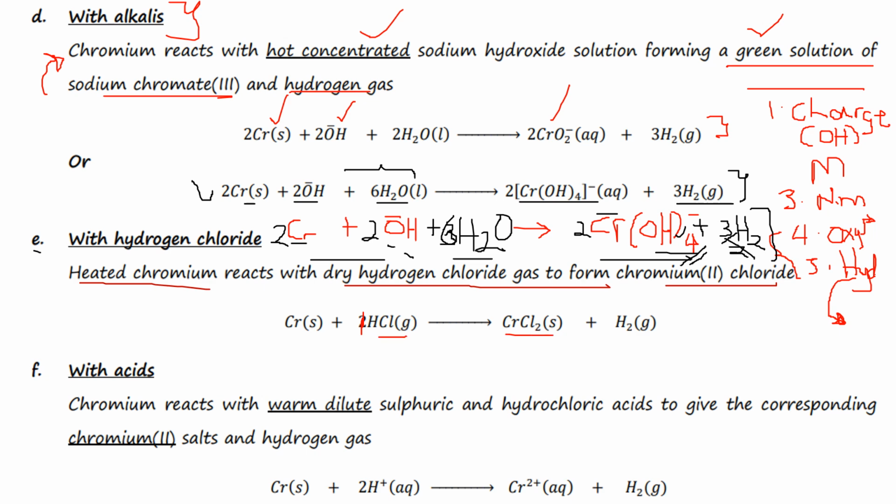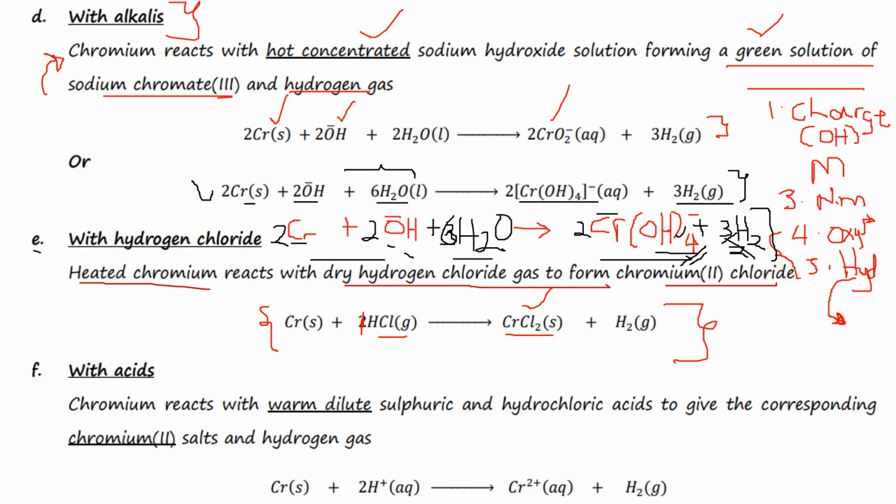Now this reaction is very common, and it's the only reaction by which we can prepare chromium 2 chloride. And this reaction is similar also to iron. For compounds that have more than one oxidation state, for us to form a chloride of the least oxidation state, we make sure that we use dry hydrogen chloride gas, and we heat it with that specific element.